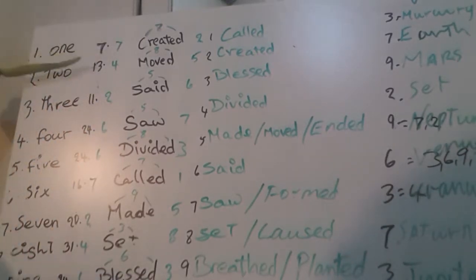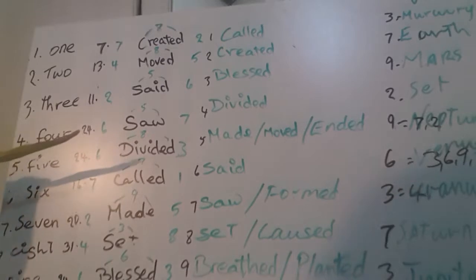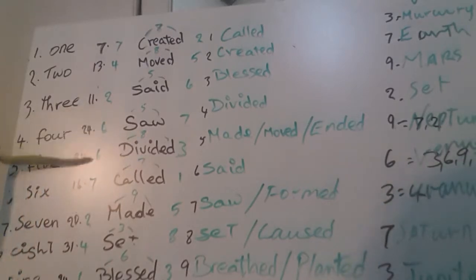We can see from numbers 1 to 9, which is numerology we are talking about, we do have 3 6s. So numbers 4, 5, and 9 each equal 6. So 3 6s.